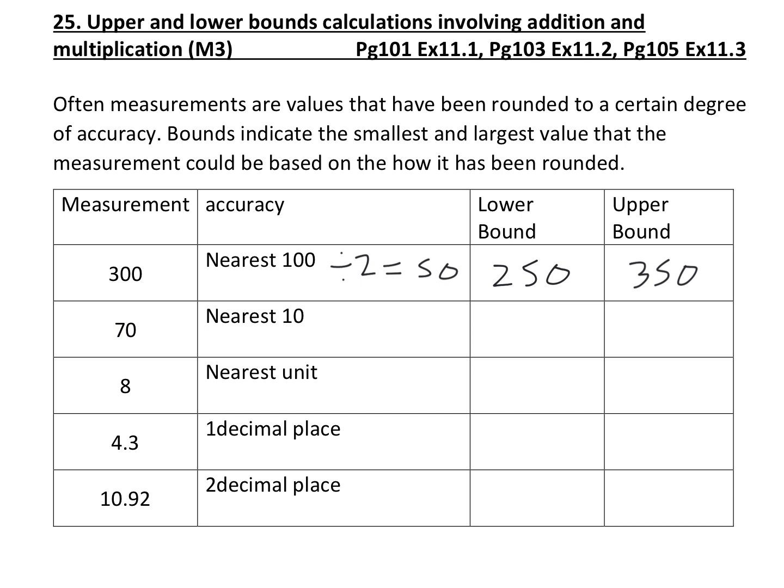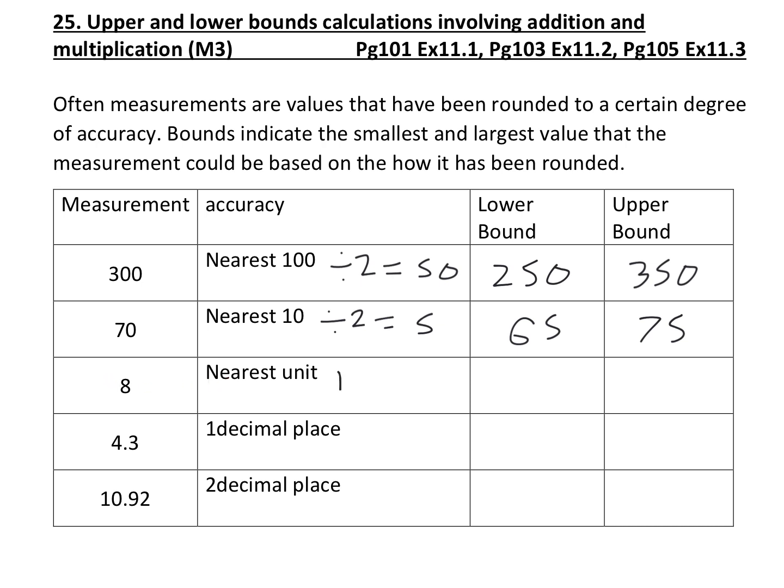So 70 to the nearest 10. If I round to the nearest 10, that would be rounding either 5 up or 5 down. So take 5 off, means the lower bound is 65. Add 5 on, means the upper bound is 75. Anything between 65 and 75 would round to 70 to the nearest 10. In this one, we're going to the nearest unit.